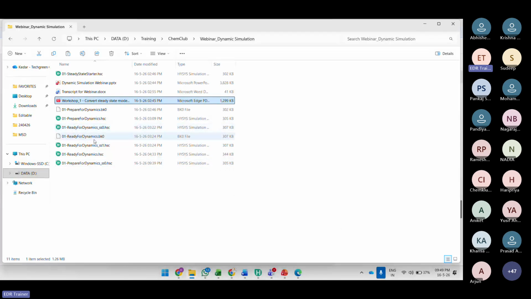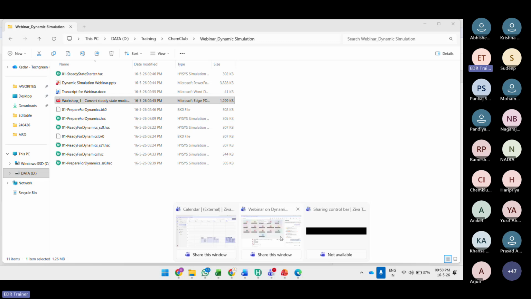The first is the steady state simulation. Then I made some changes and saved it, and made it ready for dynamic. These are basically to keep the original file with you as it is, so that is the practice.